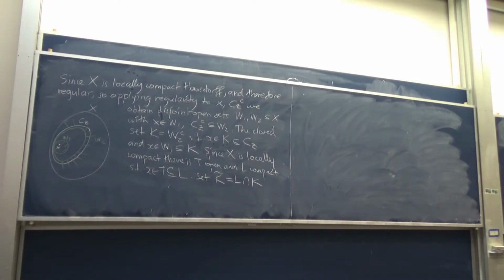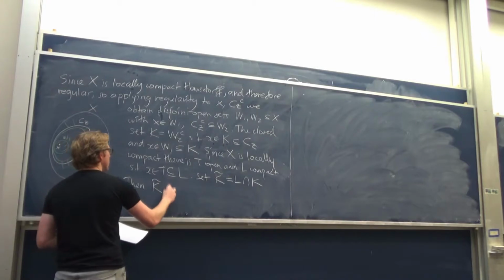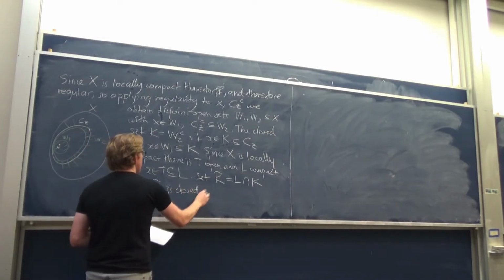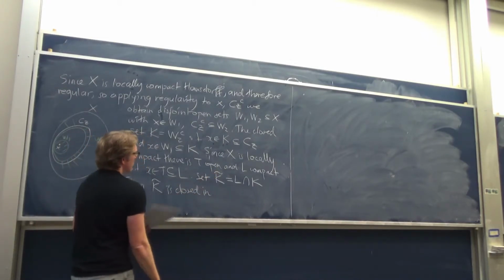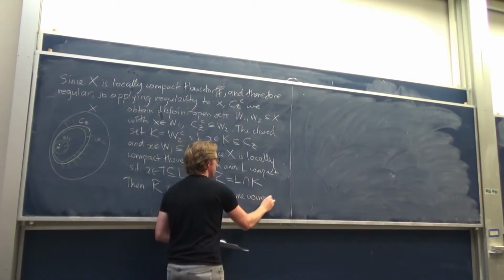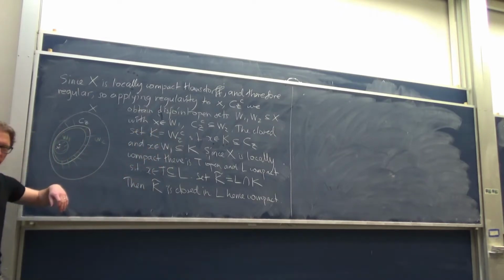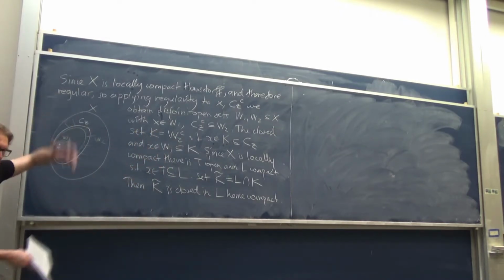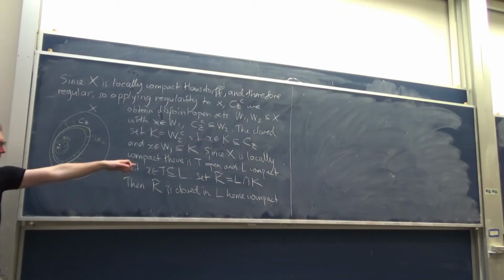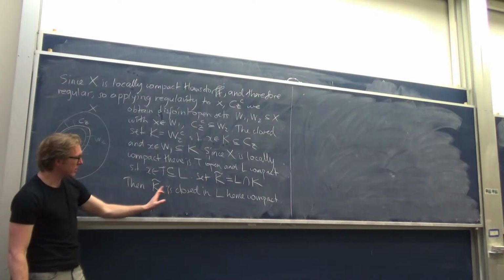Okay, so I claim this. I said I wanted to think of K as compact, and it's not, but I'm going to shrink it so it is. So that's what I've just done: I intersected it with something compact. Why does that result in something compact?